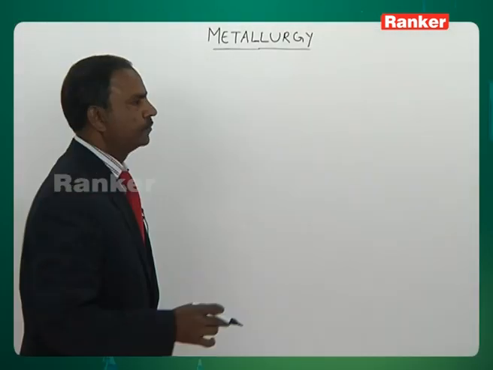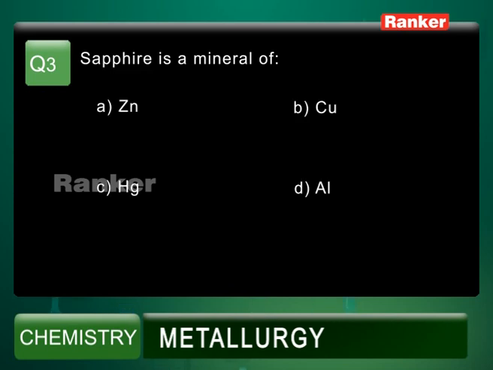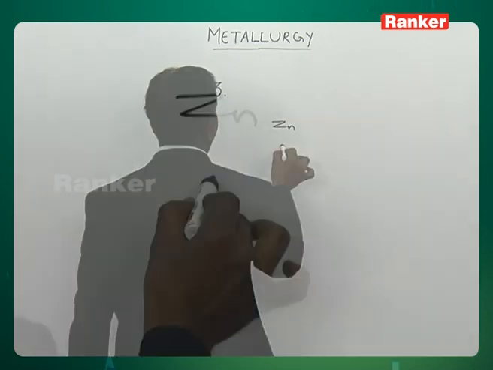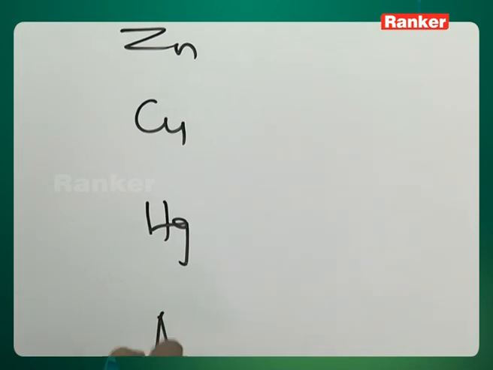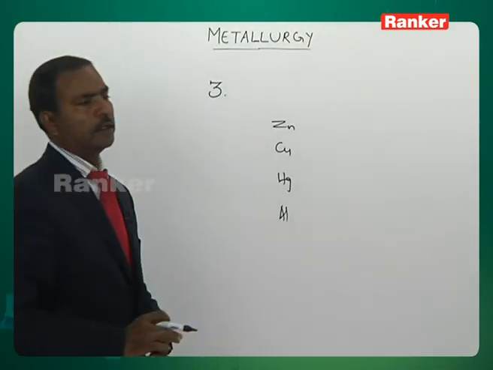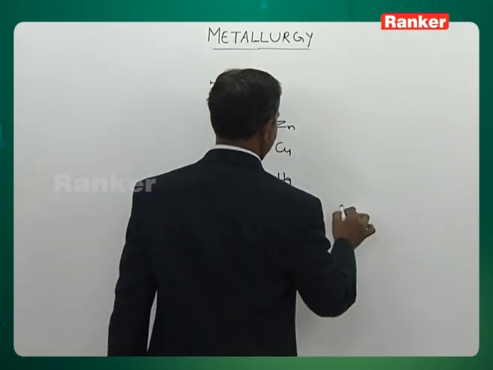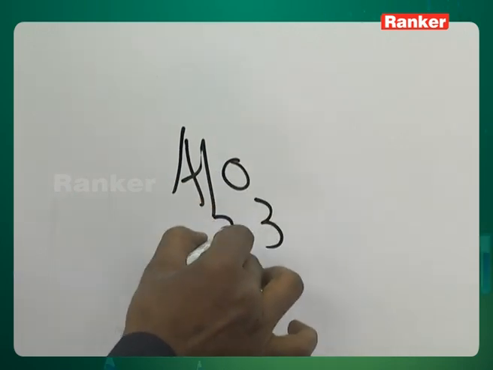Question number 3, sapphire is a mineral of zinc, copper, mercury and aluminum. See, aluminum is actually important. Ore of aluminum is bauxite, which is actually Al2O3.